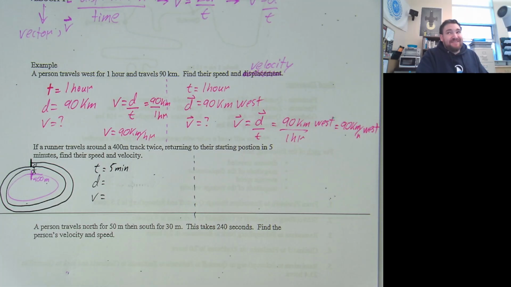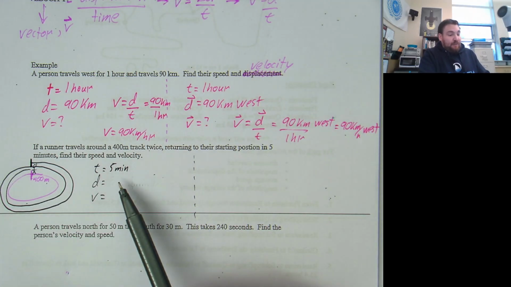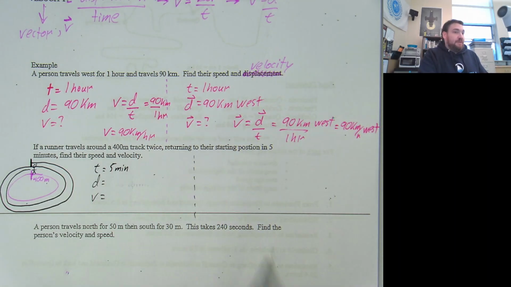But we don't like minutes. Time should be given in what units? Does it make more sense to convert the 5 minutes into a number of hours or to a number of seconds? Okay, cool.